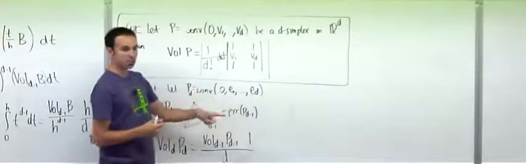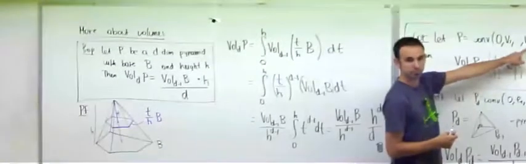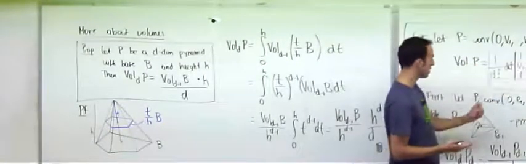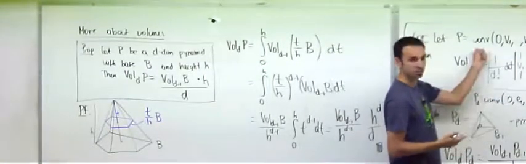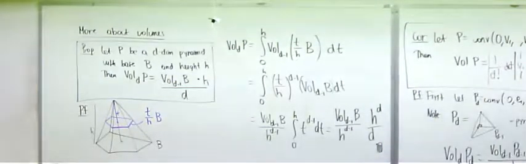Or I mean, we can even say you can find a linear transformation that takes e1 to v1, e2 to v2, up to ed to vd. And that linear transformation is going to take this standard simplex into the simplex that we actually want. Okay? So we can do that.